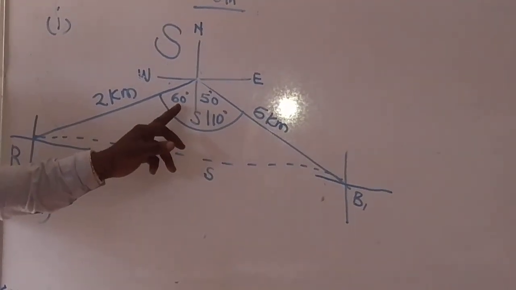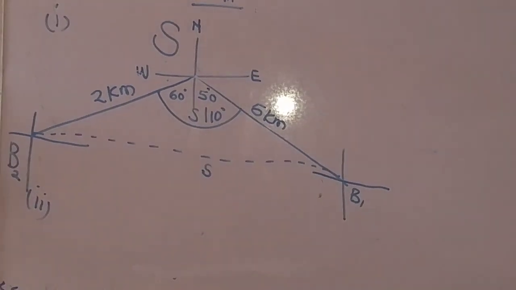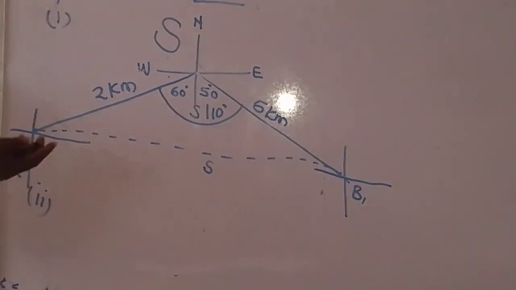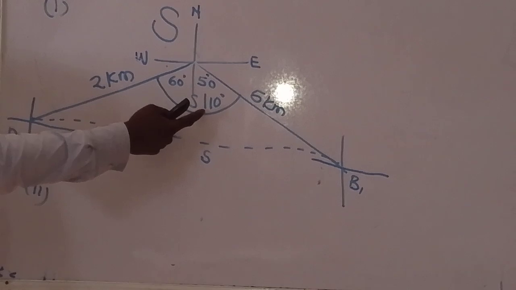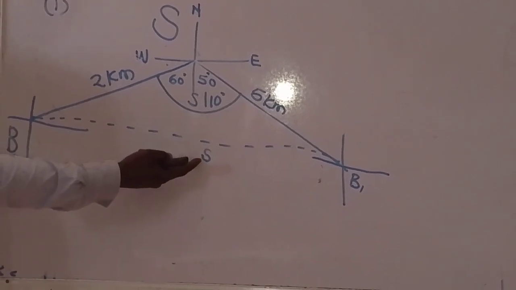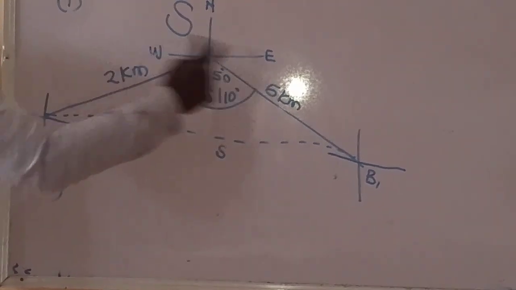You represent the direction first before you put the distance. So when you see a question like this, 2 angles are given. The angle given here is 110, and its respective distance is unknown. And we have 2 distances apart here.